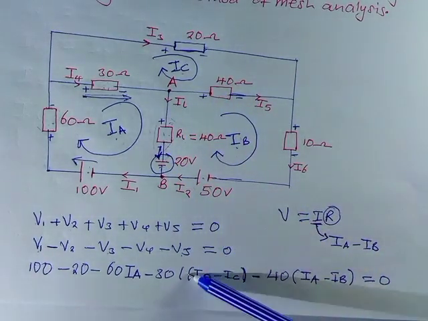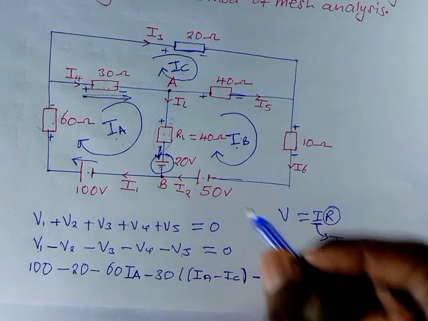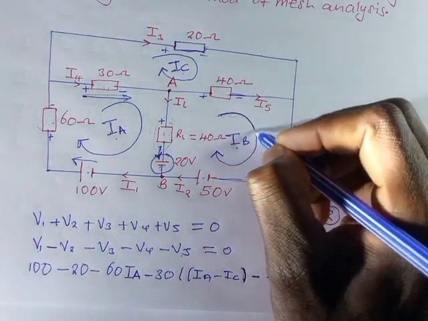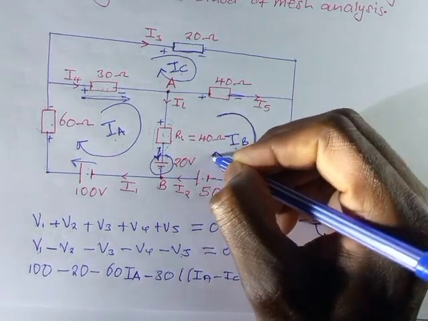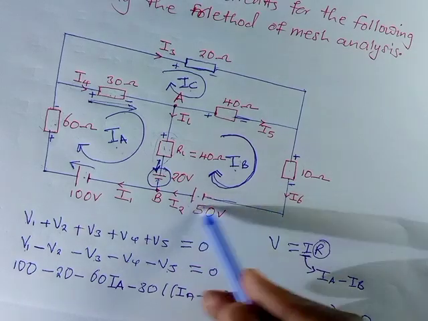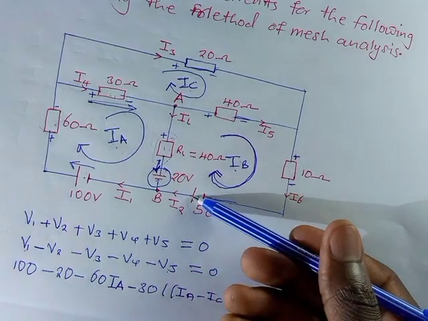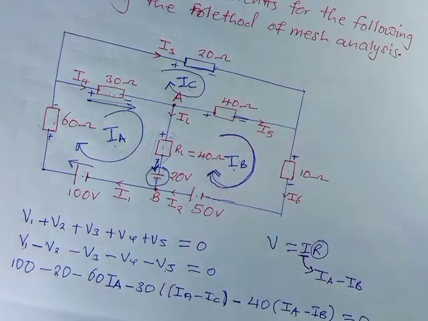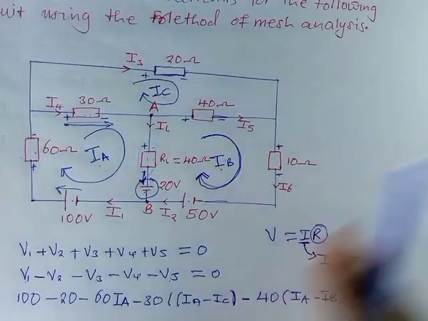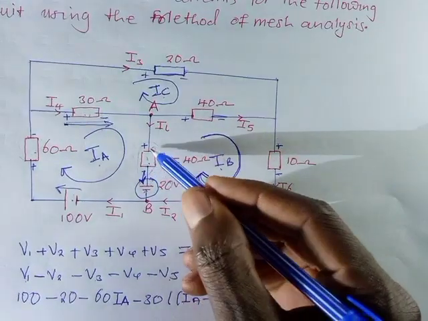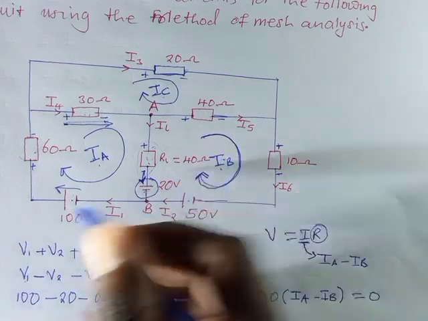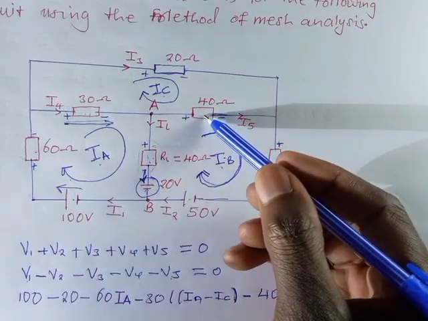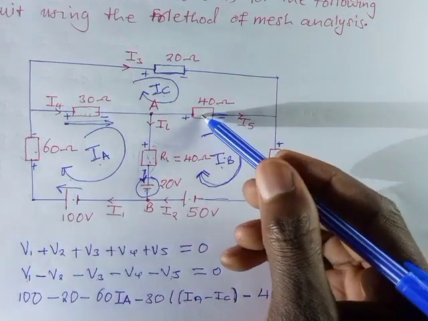We are going to do the same stuff, but you have to be careful because if I'm traversing in that clockwise direction, this has to be positive because we are moving in the same direction as its current. Even this has to be positive because we are moving in the same direction as the current it produces. Then for this one, we are going to have the current as Ib minus Ia. For this one, we are going to have the current as Ib minus Ic.